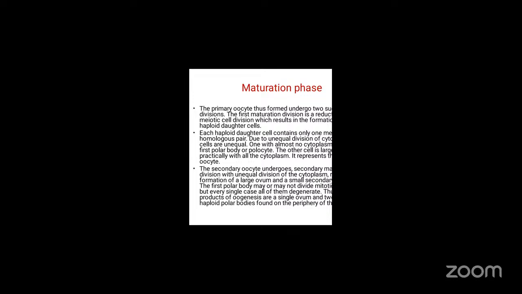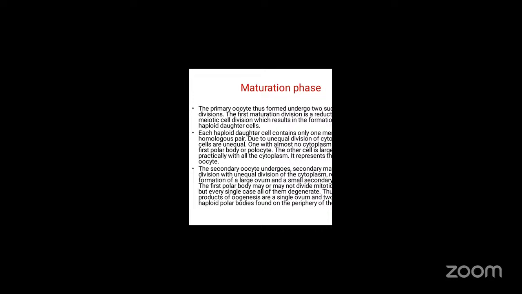The first polar body may or may not divide mitotically into two, but in every case all of them will degenerate. So the products of oogenesis are a single ovum and two or three haploid polar bodies found on the periphery of the ovum. The polar bodies are formed with very little cytoplasm. They may divide or not divide mitotically, and when they do not divide, naturally they degenerate.